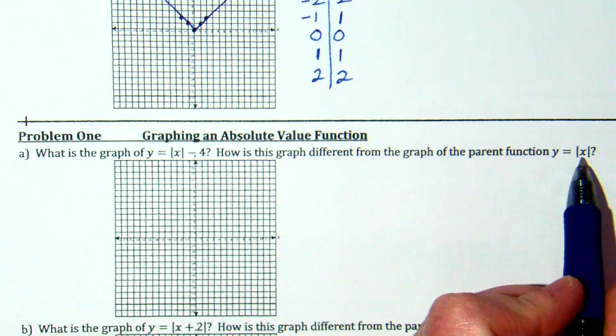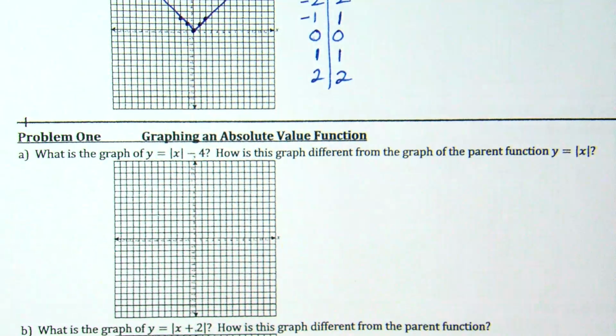Okay, what's the relationship between y equals absolute value of x minus 4 and y equals absolute value of x? Hint, hint. Think about what we learned yesterday. Yeah. If you have a minus 4 at the end of the problem, away from the x, so it's not in the absolute value with the x, that minus 4 is going to take this graph and shift it down 4.